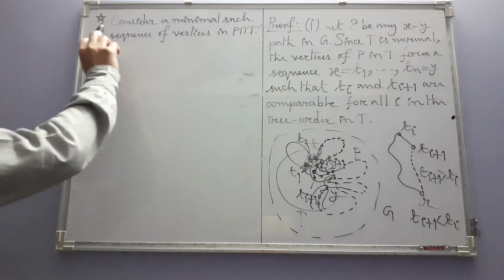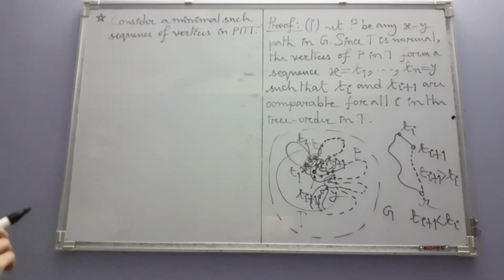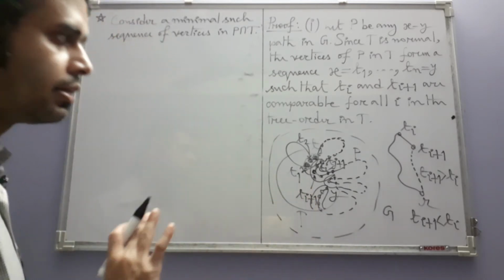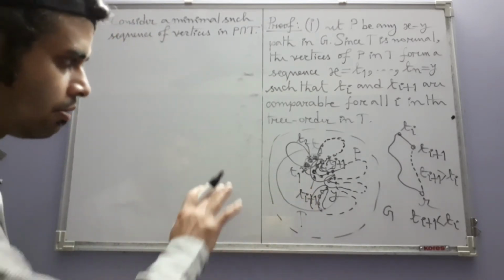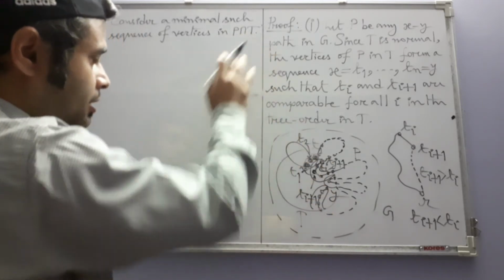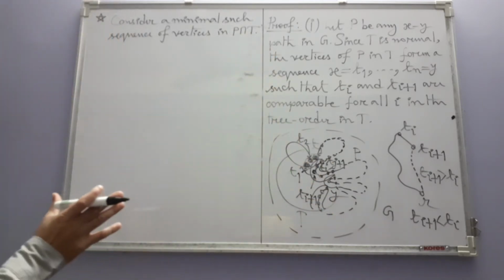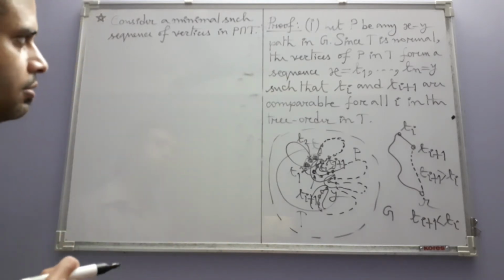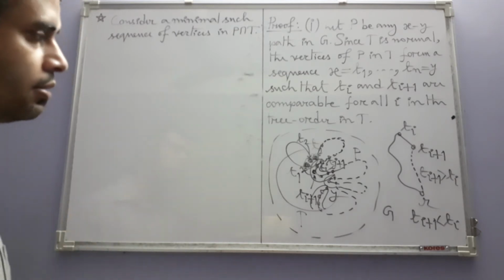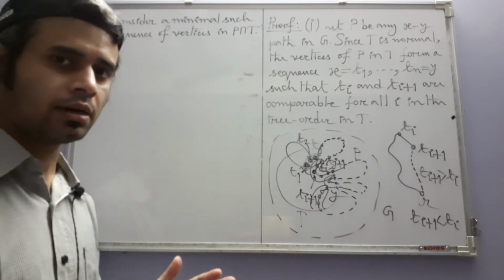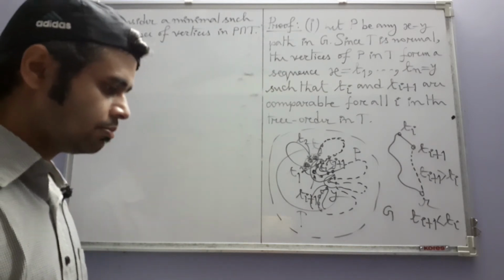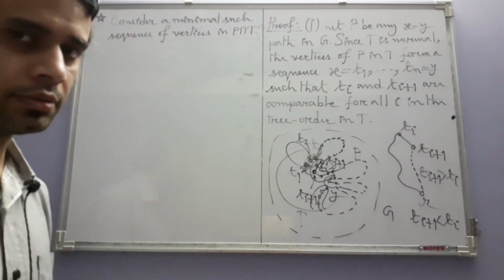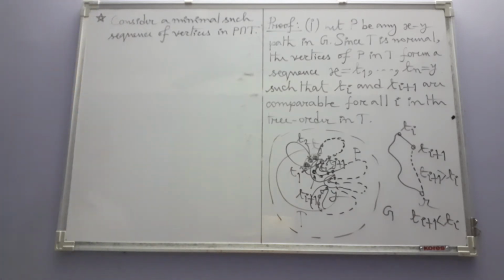So consider a minimal such sequence of vertices in P intersection T. So that means now possibly we are not regarding some T's in between, and that gives us a minimal possible such set in which Ti and Ti plus 1 are comparable. If you remove anything from that minimal, this property will not be there anymore. It will be broken, it will be gone.